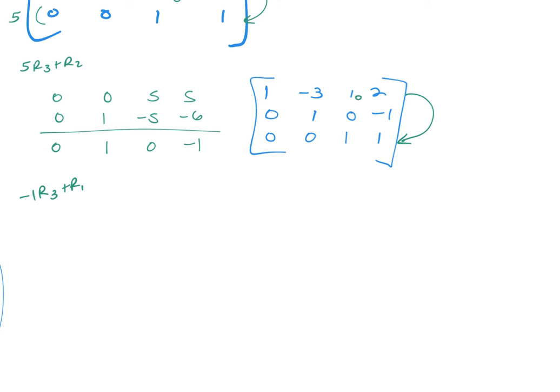I don't want to do R1 by negative 1 because then I'm going to make this a negative 1 when I put it back in. So I change R3. So R3 times negative 1. 0, 0, negative 1, negative 1, 1, negative 3, 1, 2. And I get 1, negative 3, 0, 1. Takes the place of row 1.